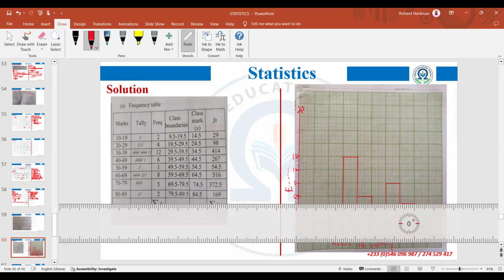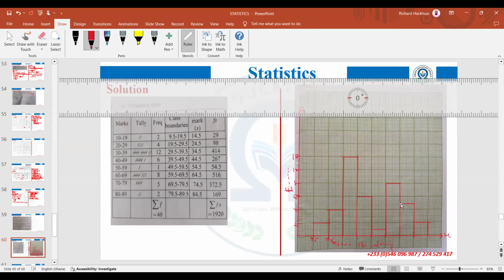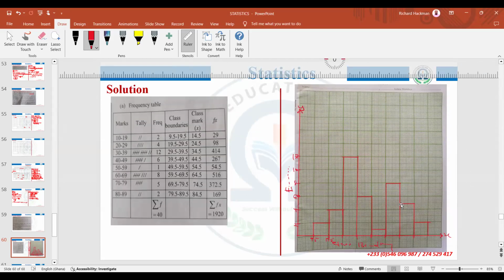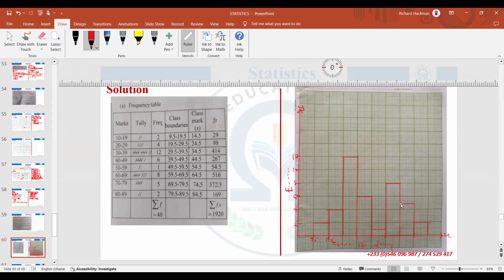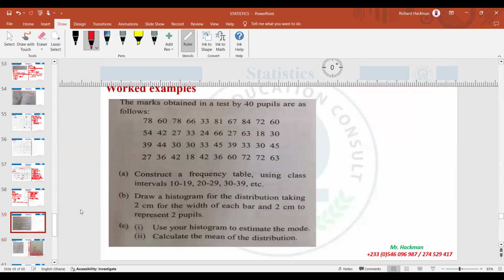Okay, so after this, please take notes. These are the low-hanging marks that you shouldn't lose. The answers must be labeled. Every graph is supposed to have a title. So this will be a title. Always, the graph that you are asked to draw will guide you. So if you go back to the question, let's see what we were asked to do.